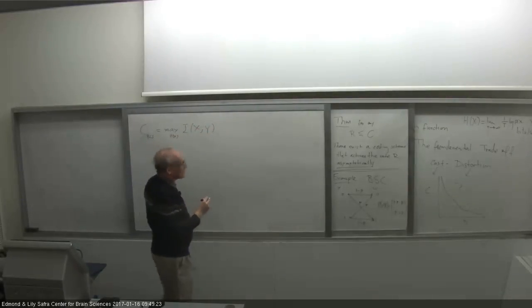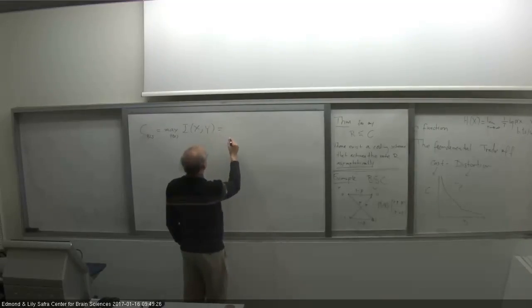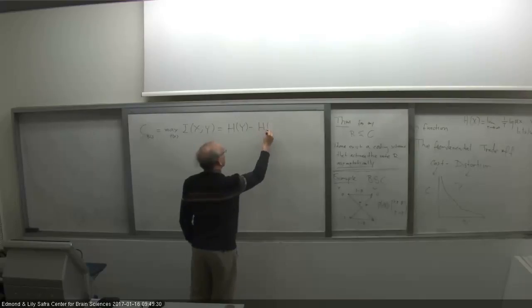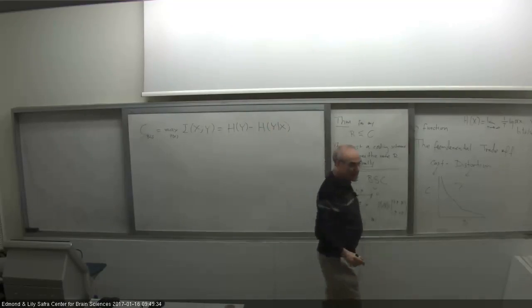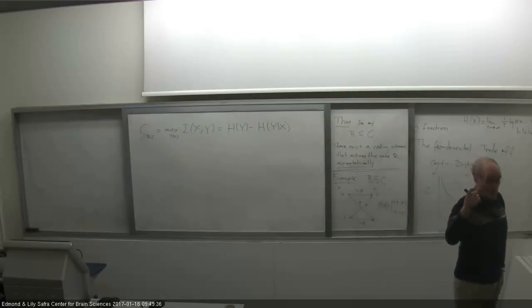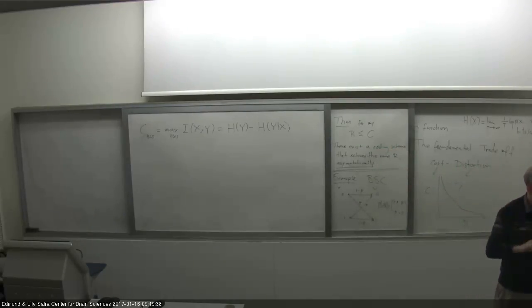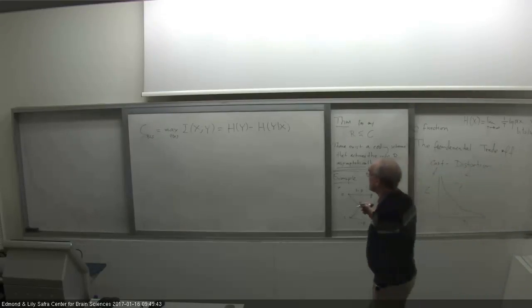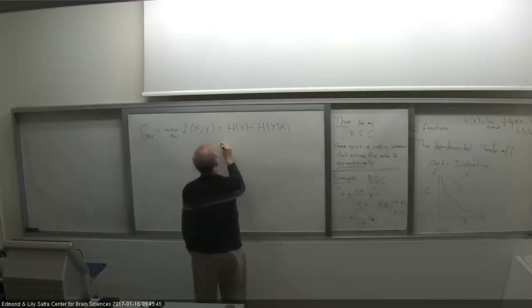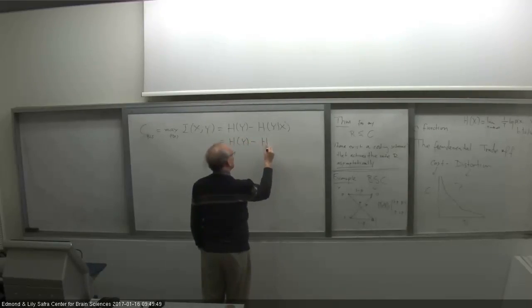Because of the symmetry, this is the entropy of y minus the entropy of y given x. The entropy of y given x you can easily calculate. It's the binary source with p and 1 minus p. So what is the entropy? It's h of p, the binary entropy of p. So this is H(Y) minus h2 of p.